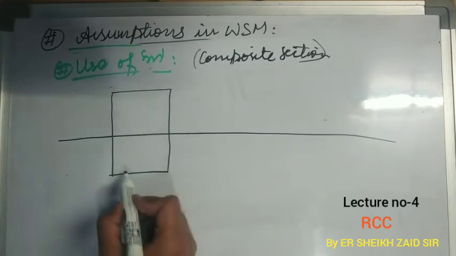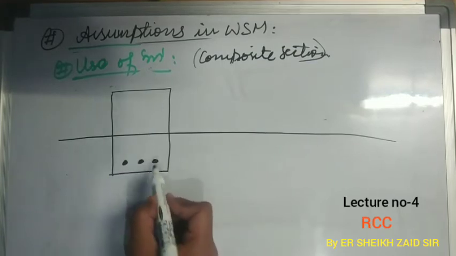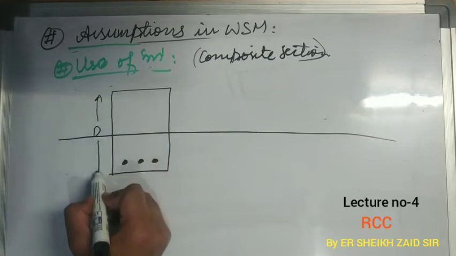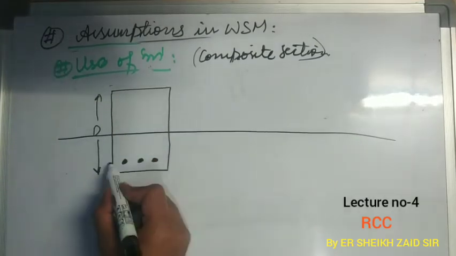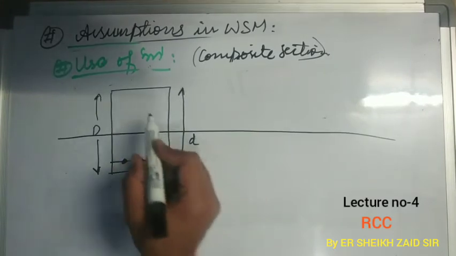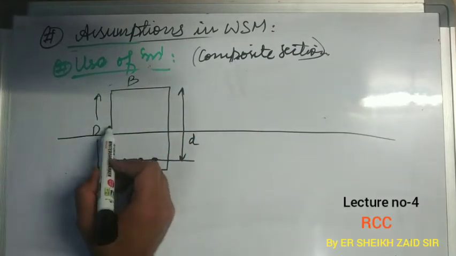This is your steel. This is your overall depth D, and if this is your effective depth denoted by small d, and this is the width B. This is your neutral axis.